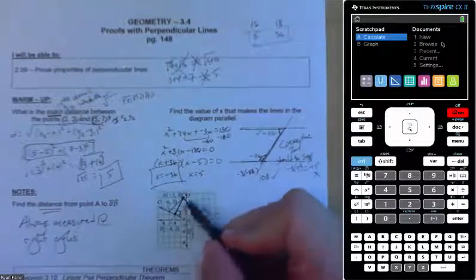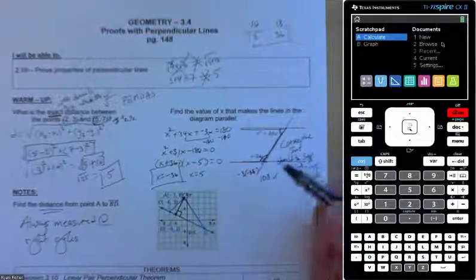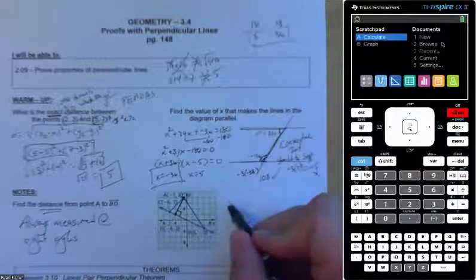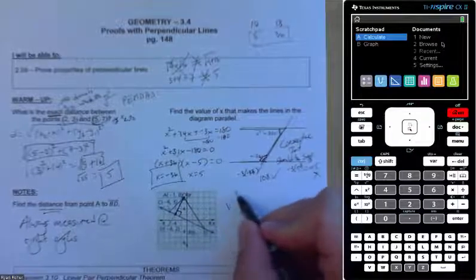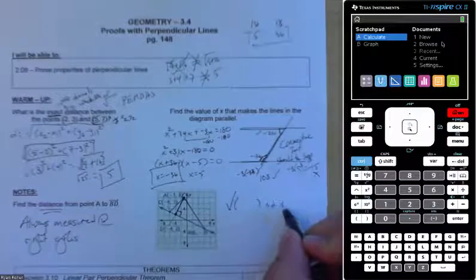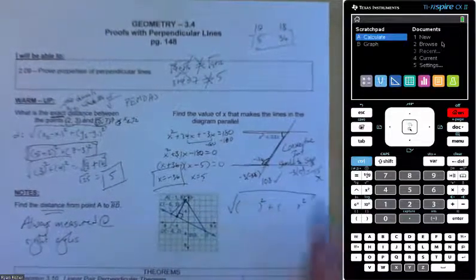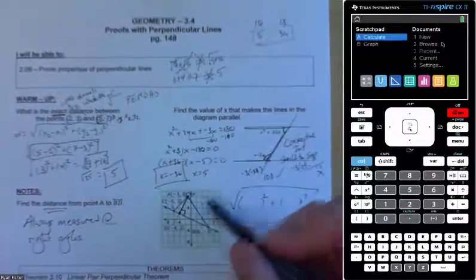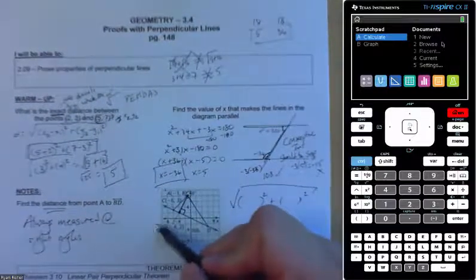And what do you know? If I have 2 points, I can find the length of this segment using the distance formula. So I think the length of AD should be the square root of, just like in the warm-up, x2 minus x1. It doesn't matter which one you call 1 and 2. I'll call A point 1 and D point 2.